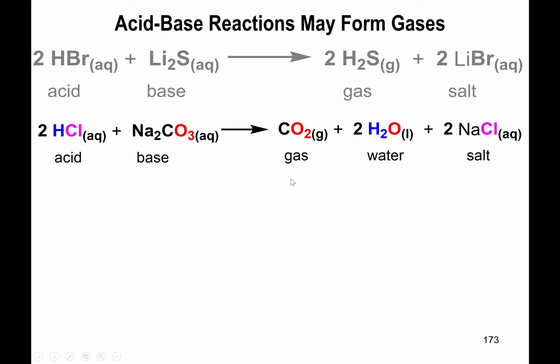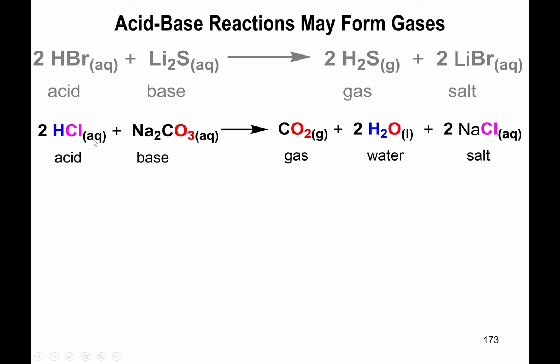Another reaction, and this is a lot more common one that you have probably performed in the past, is the reaction of carbonate salts. Either carbonate or bicarbonate, both of which behave as basic substances, if treated with an acid like HCl, will produce a salt, specifically sodium chloride, and they will produce water, but in addition to that, you will form a gas, carbon dioxide specifically.